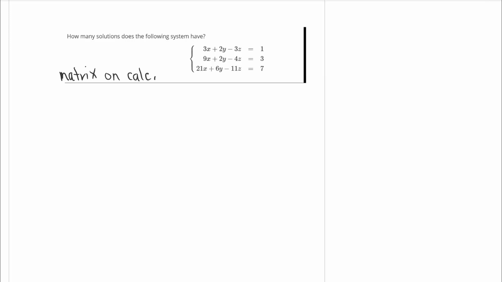So what we want to focus on are the coefficients for each equation in each row. So if I were to do that, I would have a 3, a 2, a -3, and a 1.